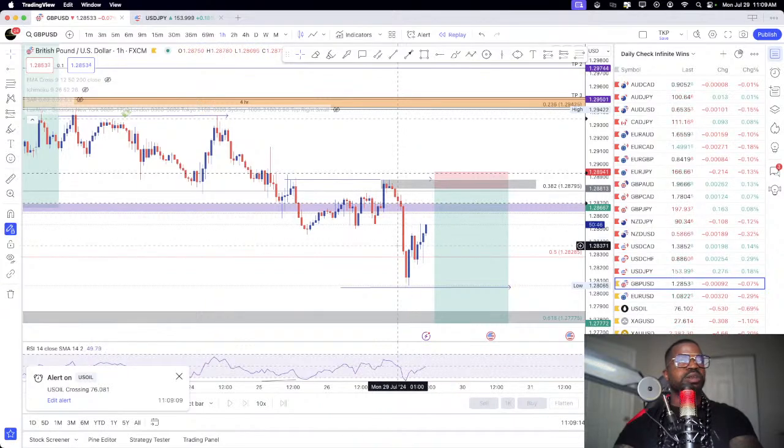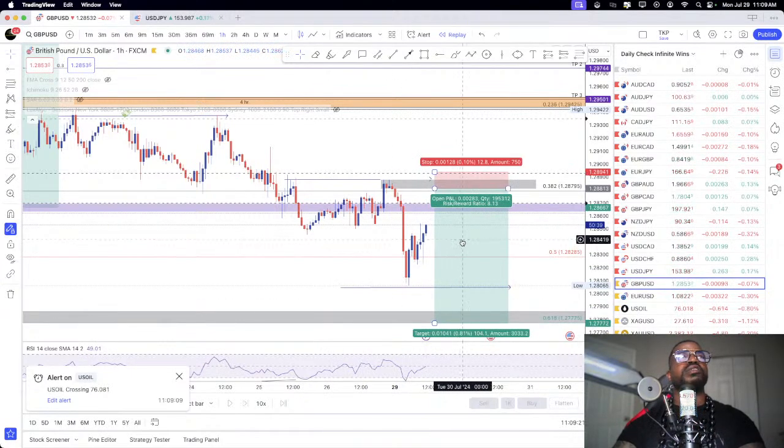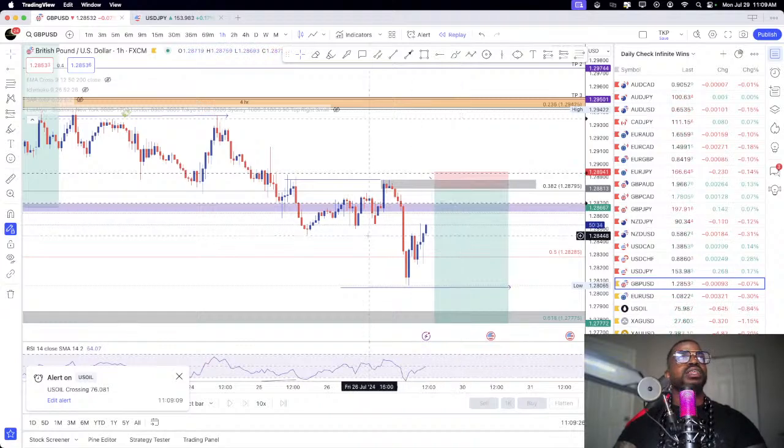So we already got one limit order set on AUD CAD in our live trading session. Now we're about to go ahead and take this because this is a beautiful trade setup, this 1 to 8.